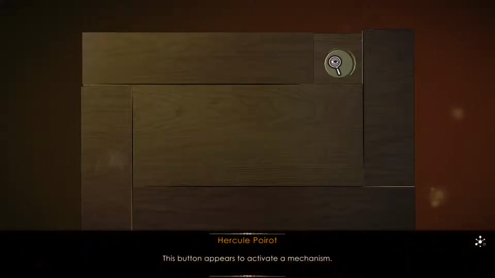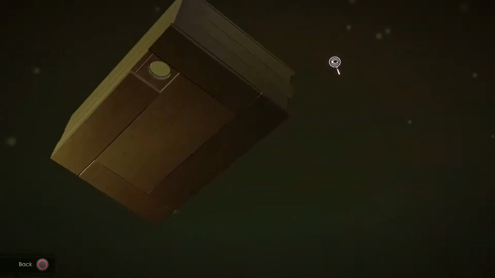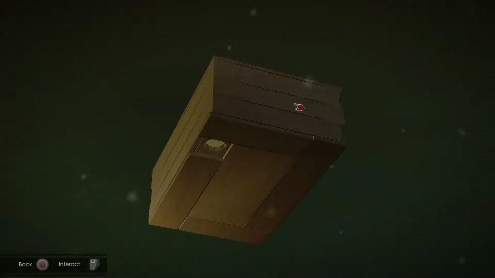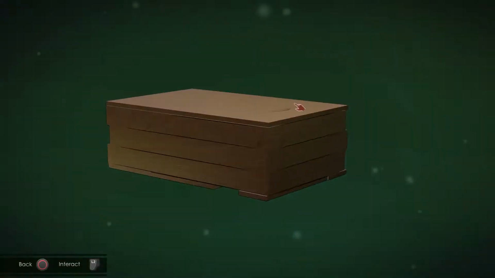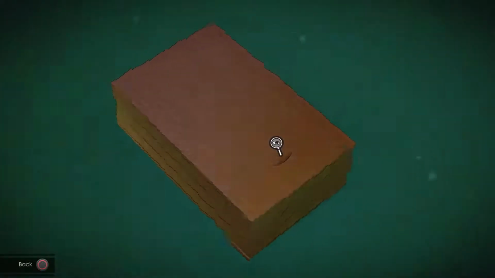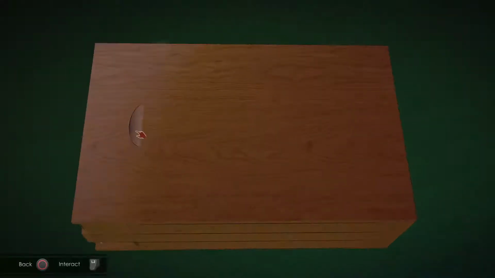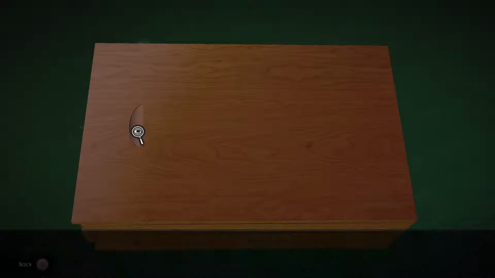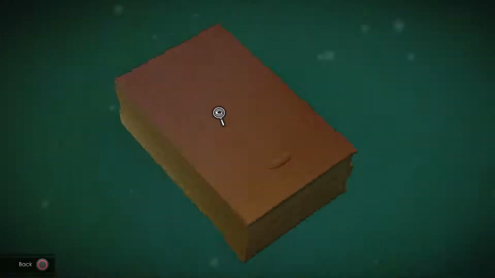This button appears to activate the mechanism. It is blocked.